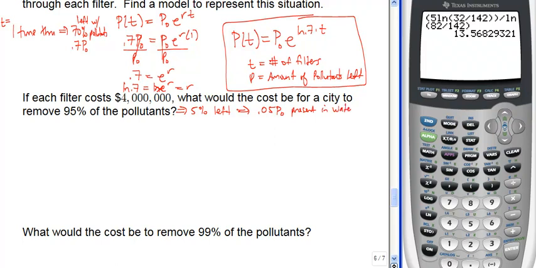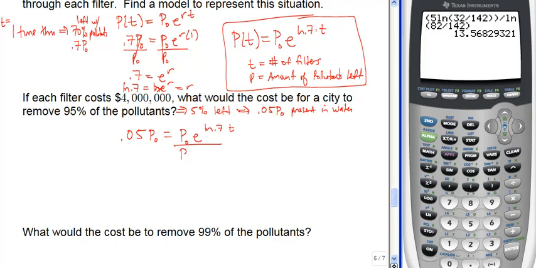So that's the P that we're going to use on this side over here. So if we want our water 95% clean, then we would expect to have 0.05 times the initial amount of the pollutants left in our water. And this model says that that amount has to equal P sub 0 e to the ln of 0.7 times t.